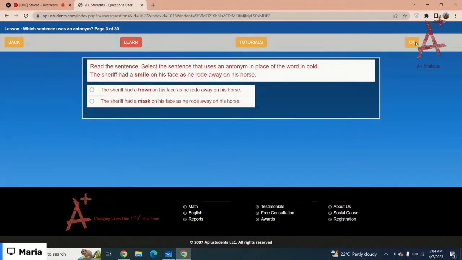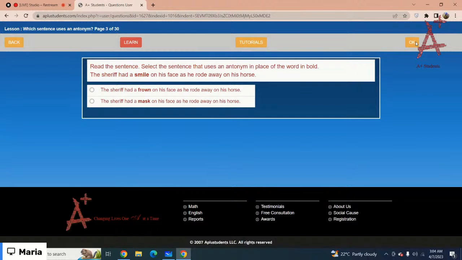Okay, the sheriff had a smile on his face as he rode away on his horse. So which is the correct option? The sheriff had a frown on his face as he rode away on his horse, or the sheriff had a mask on his face as he rode away on his horse.